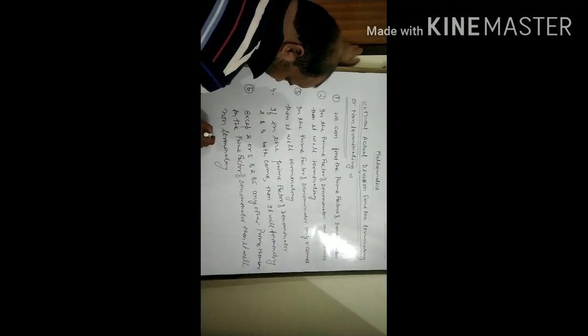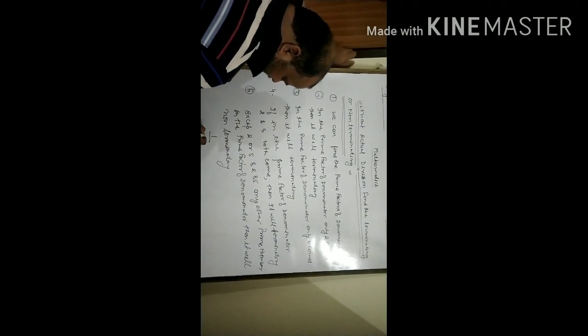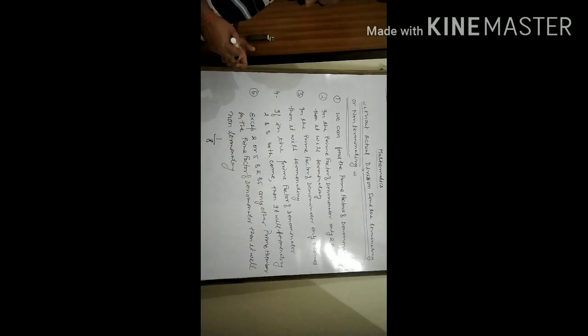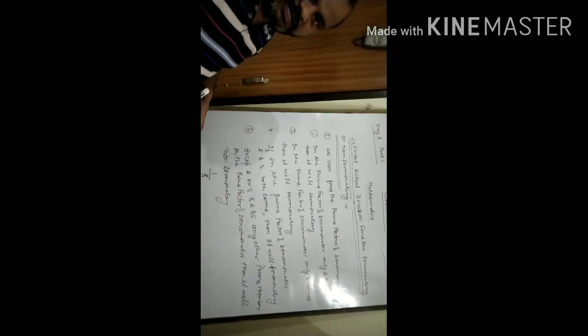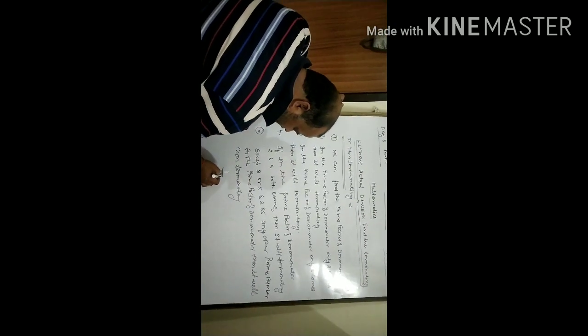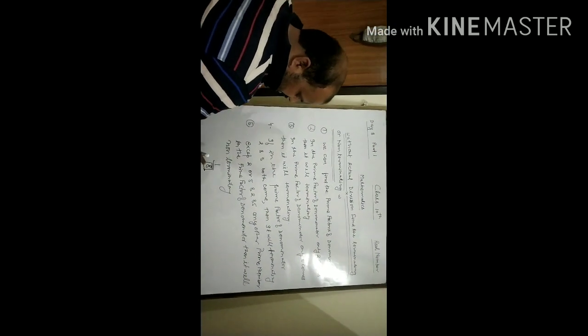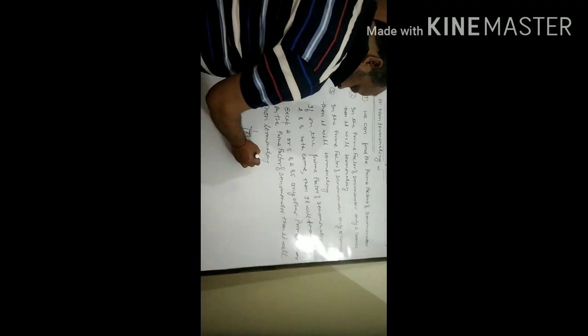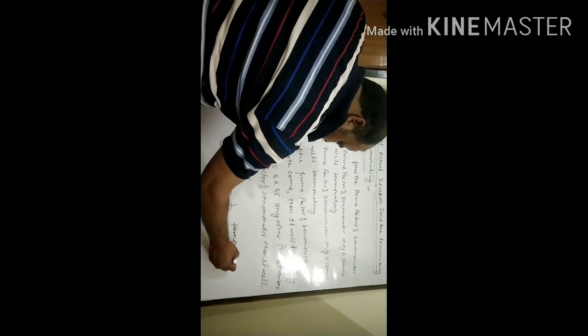Suppose it is 1 upon 8. If you want to check whether it is terminating or not, then what can you do? We can find the prime factors of the denominator. Here the denominator is 8, which is 2 into 2 into 2, only 2 comes, or 2 to the power 3. Then it will be terminating.